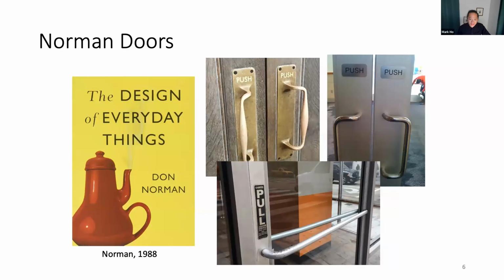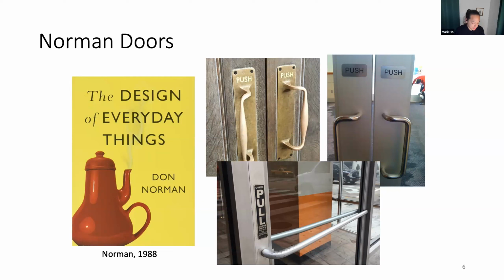And this idea of doors that signal certain expected types of interactions, and in particular ones that are bad at signaling what their interactions are, are called Norman doors.